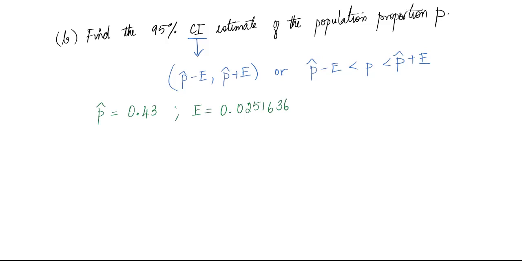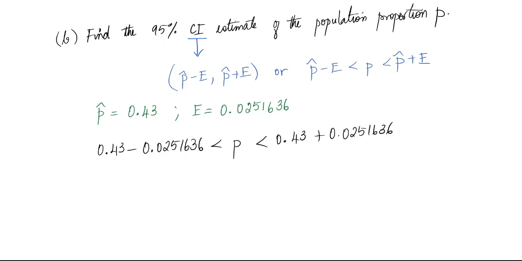So I'm going to put it in the inequality notation. So 0.43 minus 0.02516636 less than p less than 0.43 plus 0.02516636. And that simplifies, and then we can round it to 3 decimal places. Comes out to be 0.405 less than p less than 0.455.